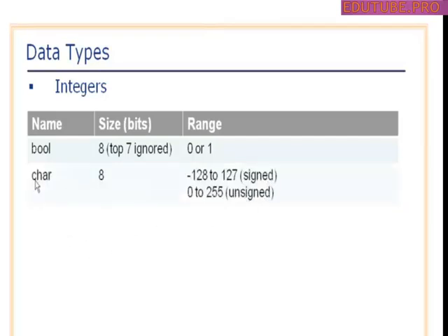Then there is a char or a character data type, and this stores 8 bits, 1 byte. And notice in the char, remember in the videos a little earlier in the course we talked about signed and unsigned data types. If we're using it as a signed data type, the char will store from negative 128 to positive 127.